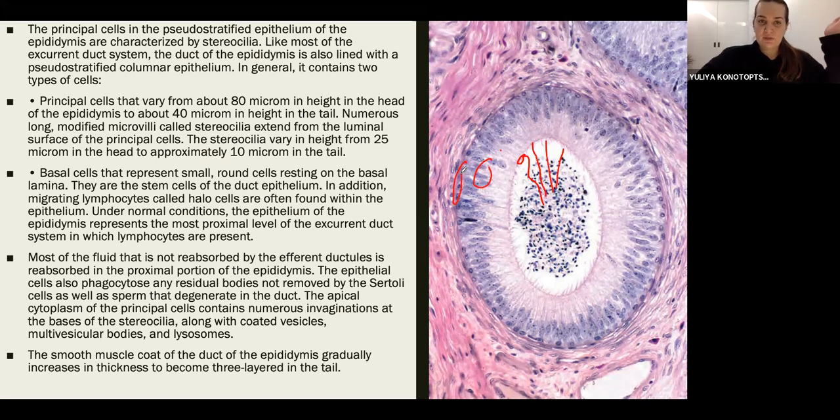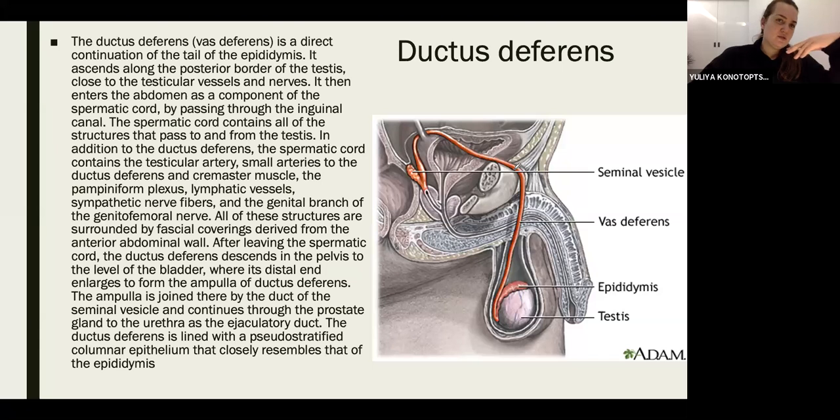Of course, from the names, you can guess that the basal cells are the stem cells, right? Principal cells are the ones that actually have stereocilia. Everything else, just read it at home, we talked about it. Vas deferens, the same. We talked about what it is passing through, it's just extra information. So read it at home. So that's again, ampulla and seminal vesicle, right? This is your prostate, ejaculatory duct is right here.